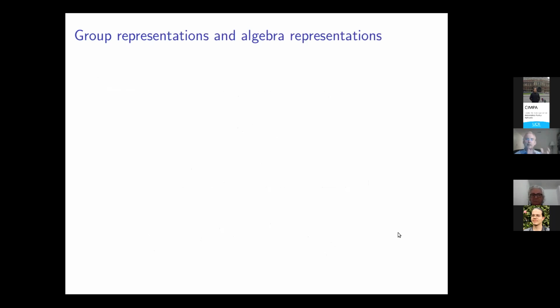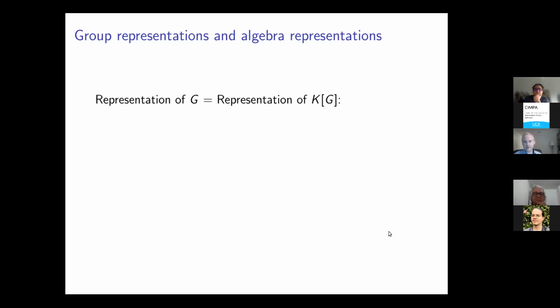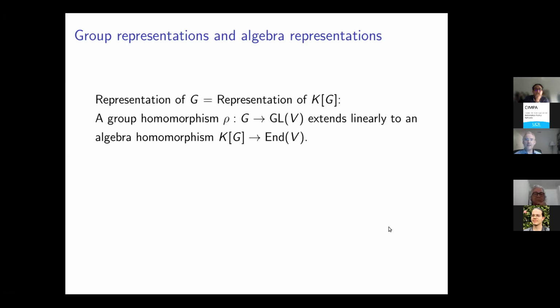And now it turns out that the representations of a group in the way that I introduced on the first slide, and the representations of an algebra are in bijective correspondence in this situation, because if you have a representation of the group G, you can just extend it linearly to an algebra homomorphism from the group algebra, because on the basis elements you already know how this is defined.